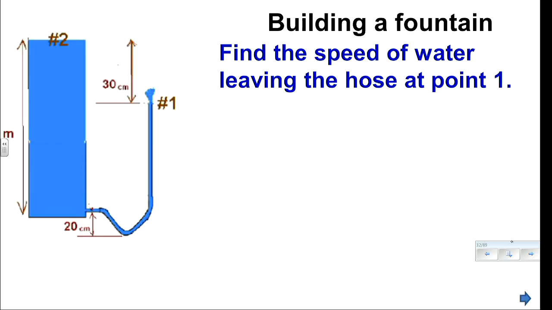Is it about gravity? No. Is it static fluid? No. It's a moving fluid, which means we have to use two equations, no thinking. First equation, a continuity equation. Second equation, the Bernoulli's equation.